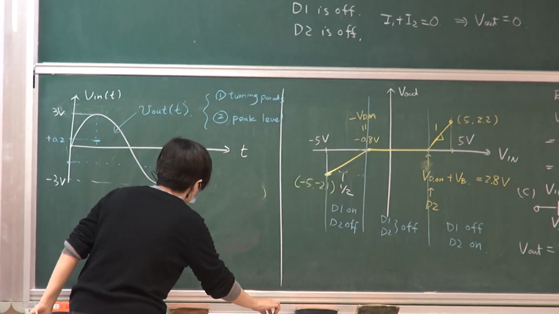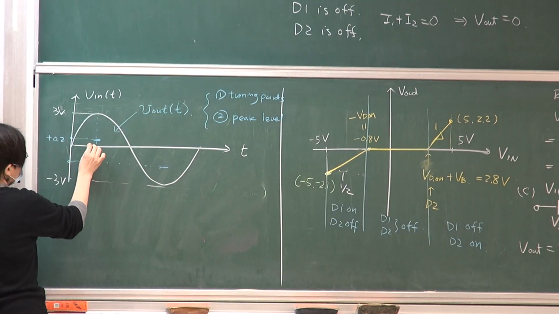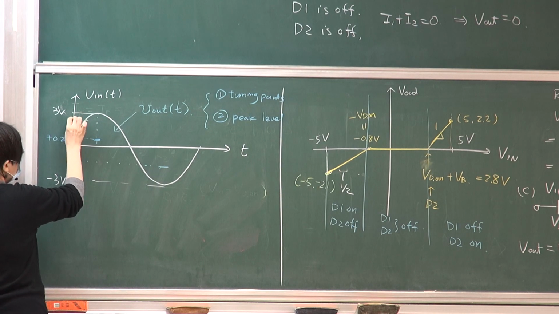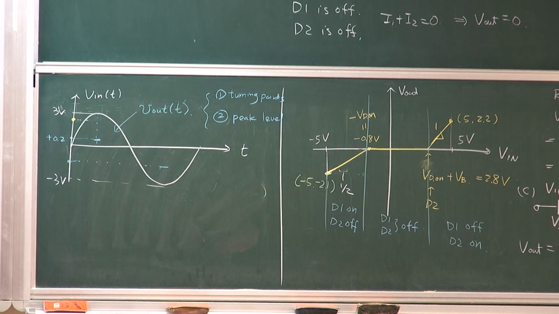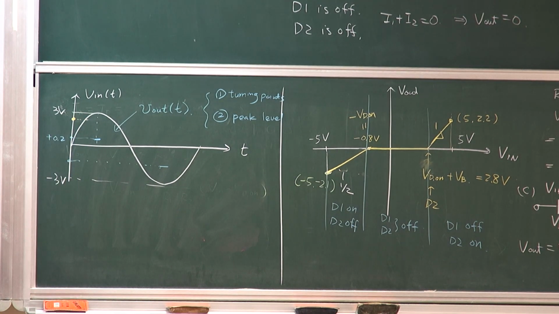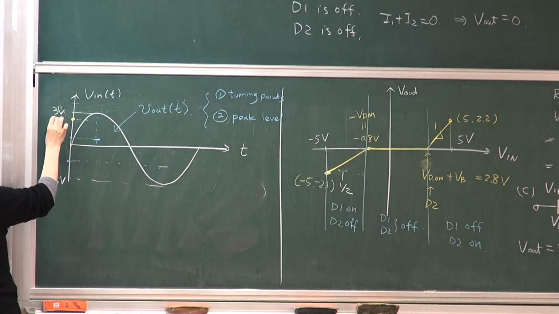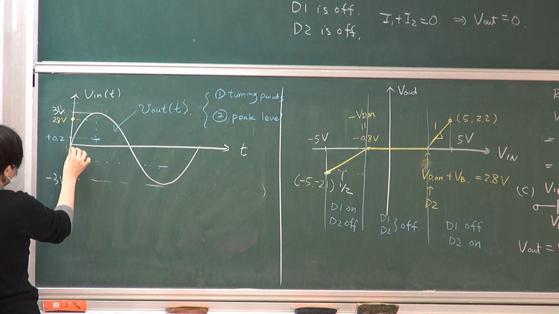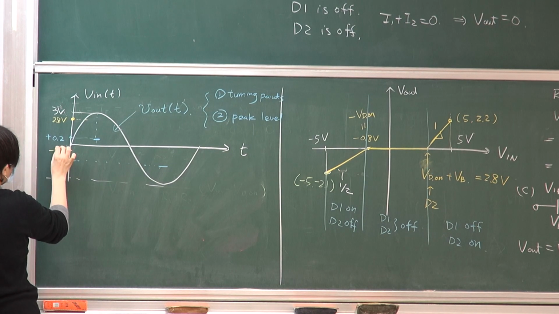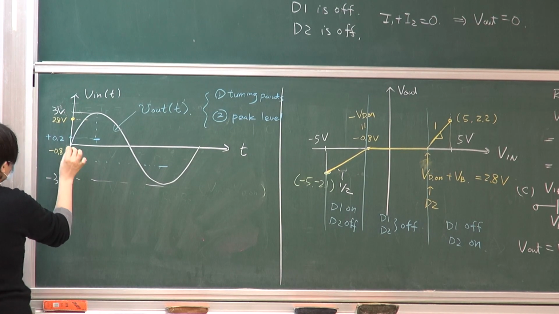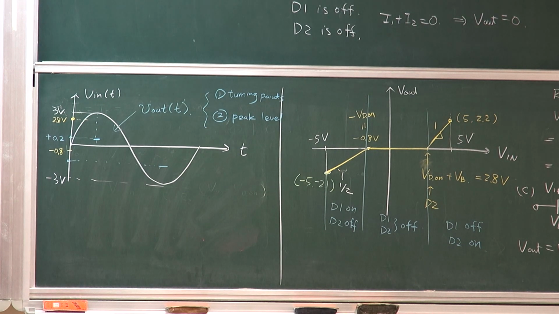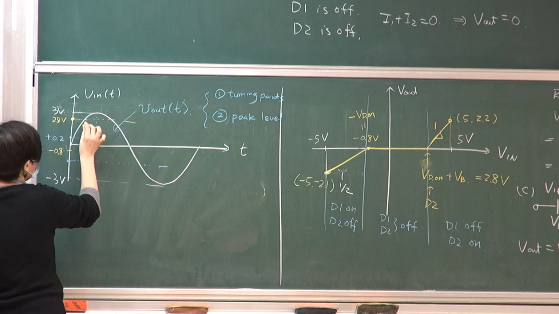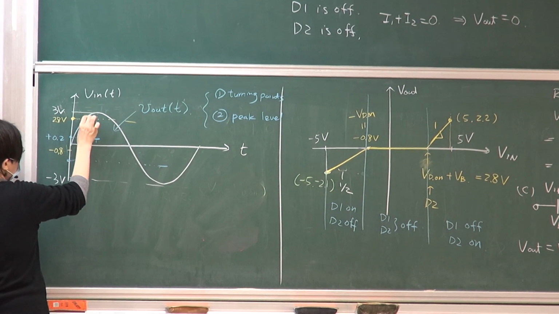Will look something very similar to this. Your turning point is actually in the vertical axis, right? So I have two turning points. One is 2.8. The other is minus 2.8. So this simply means that it will only allow current to flow when it passes this.